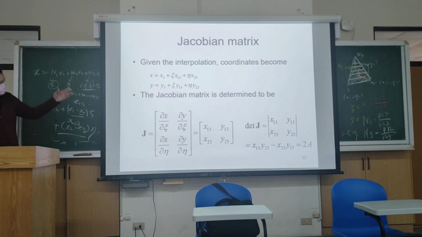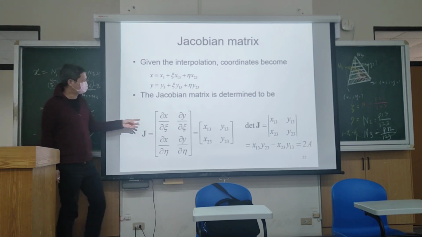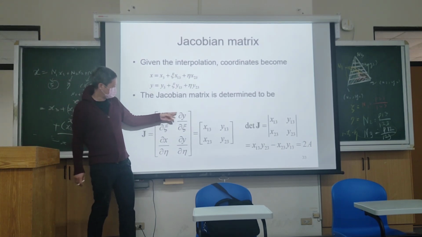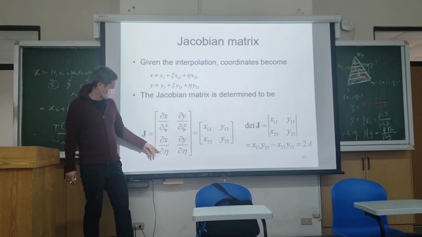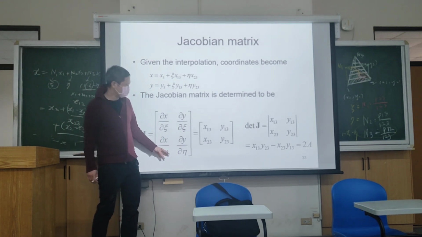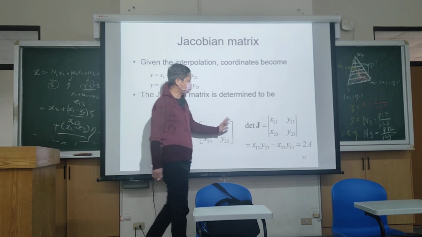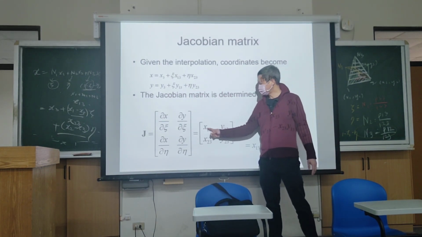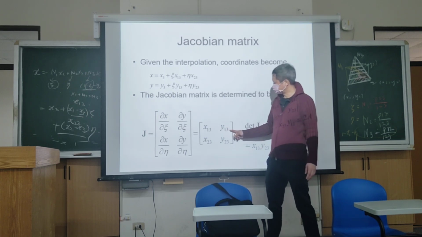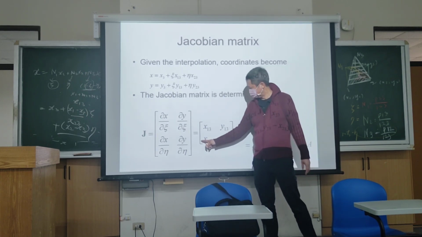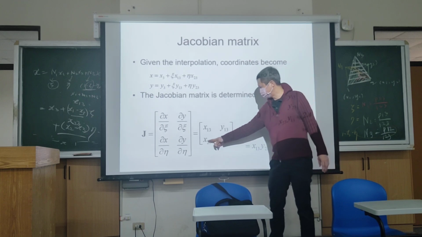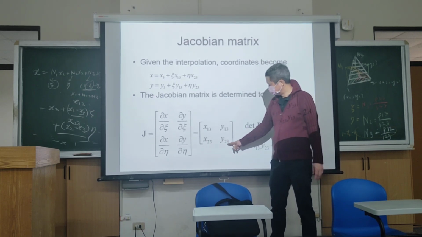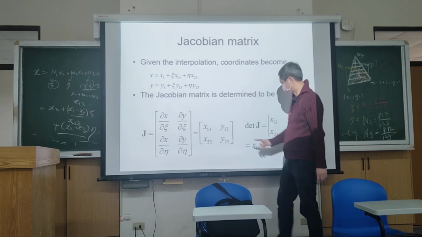So now, after you have this definition of x and y, okay, it's really easy to write del x del psi, del y del psi, del x del eta, del y del eta, and this is then your Jacobian. This Jacobian is basically first row, first column x13, first row, second column y13, second row, first column x23, second row, second column y23.